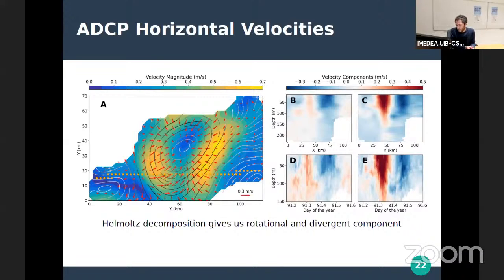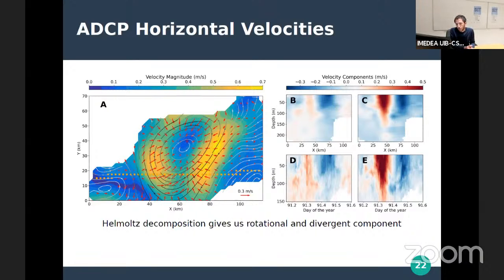First of all, you can see in the right plot the difference between the raw data of the ADCP and the interpolation. It works quite well. And this is just a transect, for example.